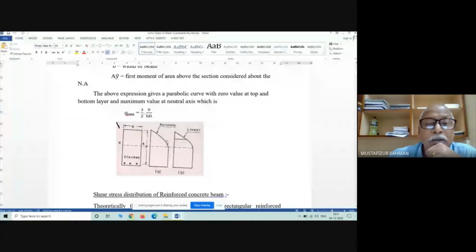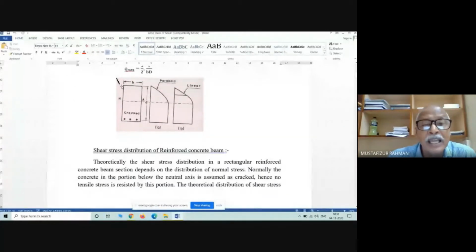Had it been a single cross section of B and D, our shear stress distribution diagram would have been a parabola this way, this way, and it will reach here. This is the shear stress distribution diagram. But here, we have modified the shear stress distribution diagram in this way.